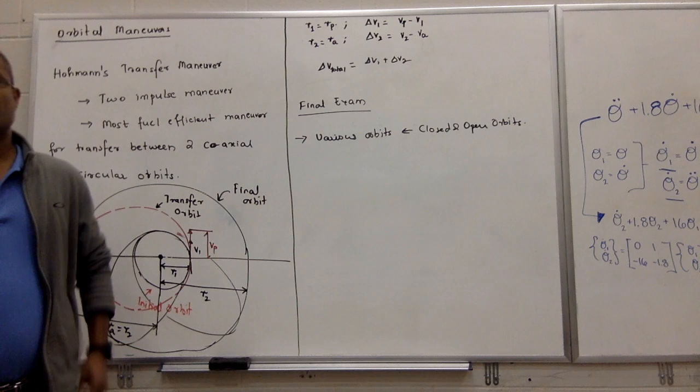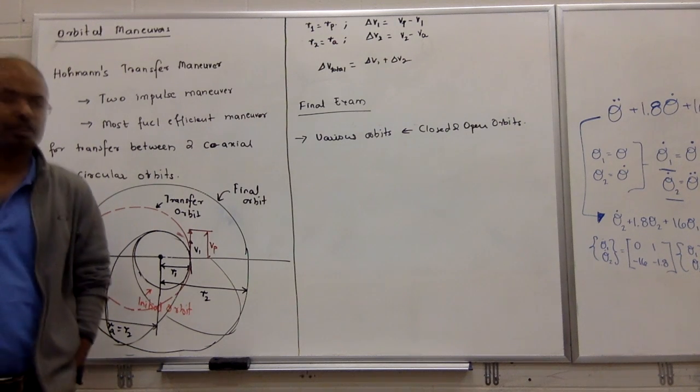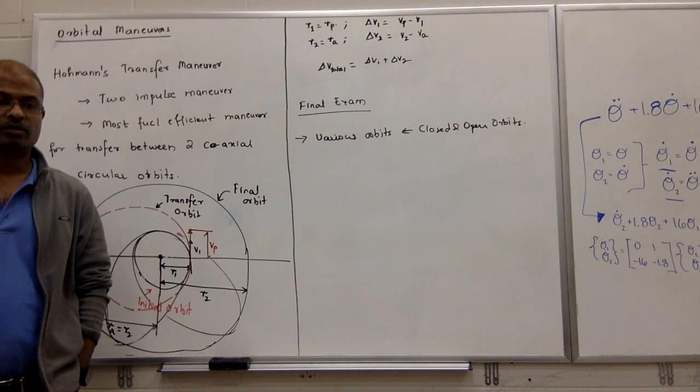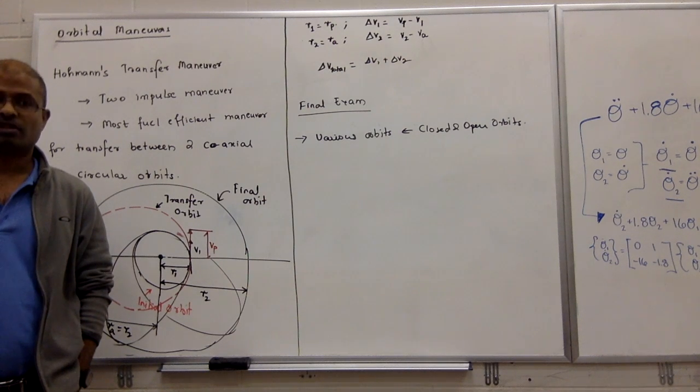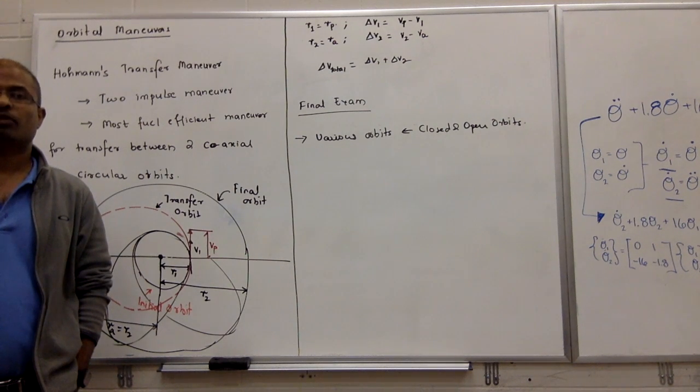Like, calculate the semi-major axis given the perigee and apogee. Things like that. You can prepare a formula sheet for yourself. No solved examples. Is that clear?